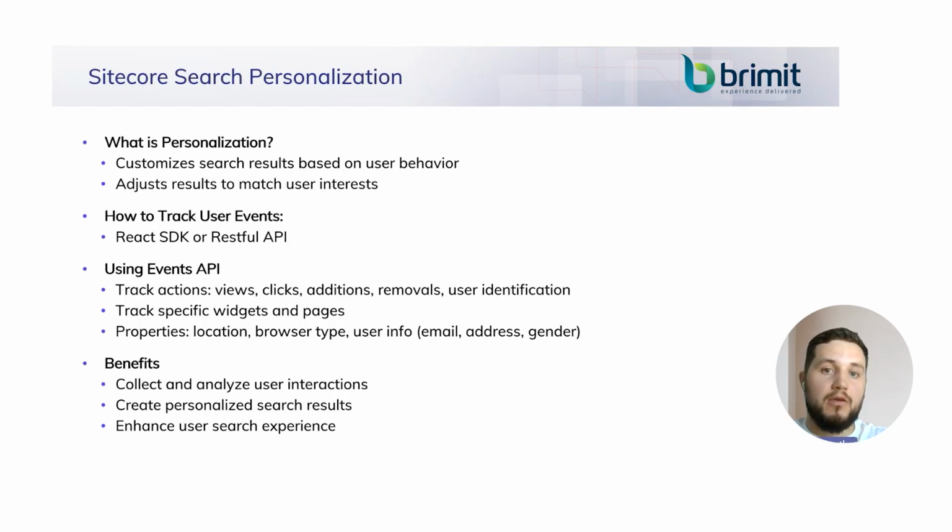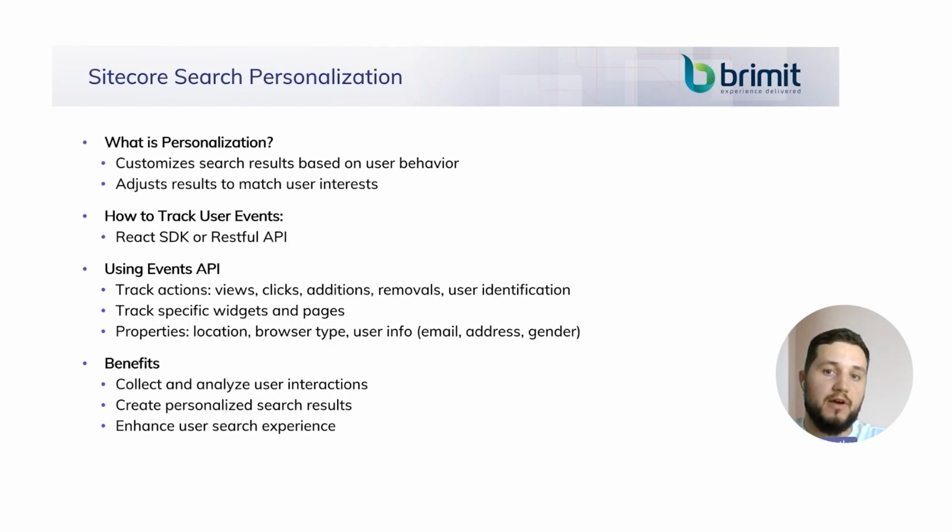With the event API, you can track actions like views, clicks, additions, removes, and identifications. You can even track specific widgets and pages. The event API has a lot of properties you can use for tracking. For example, location, browser type, or some user information like email, address, phone, even gender.